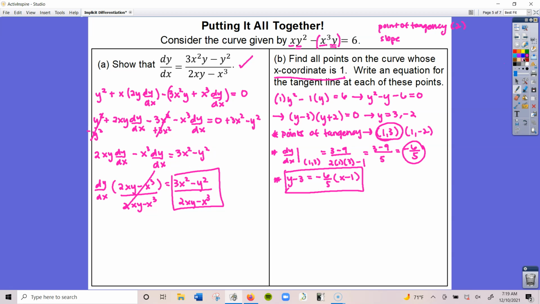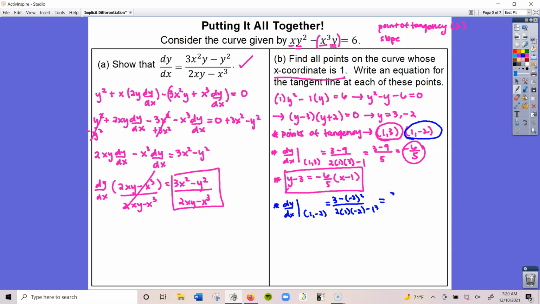Now we're going to do this exact same thing, but for the coordinate (1, negative 2). So I'm going to solve for my dy/dx for that coordinate. I plug it in here. 3 times 1 squared is 3, minus negative 2 squared, over 2 times 1 times negative 2 minus 1 to the third.